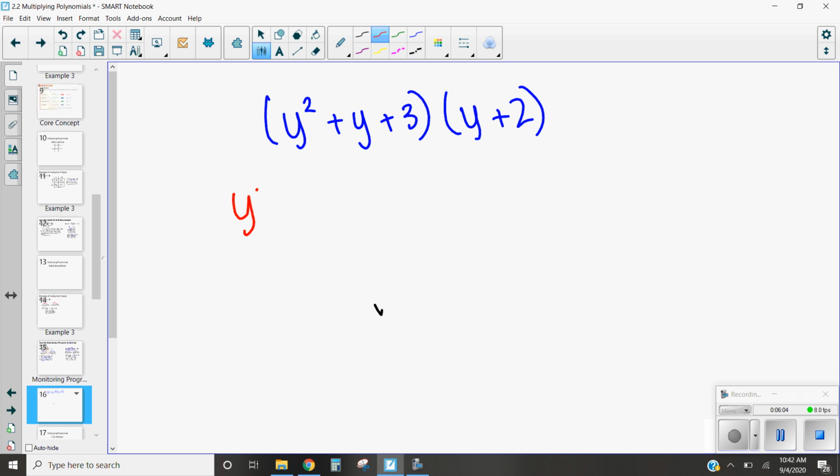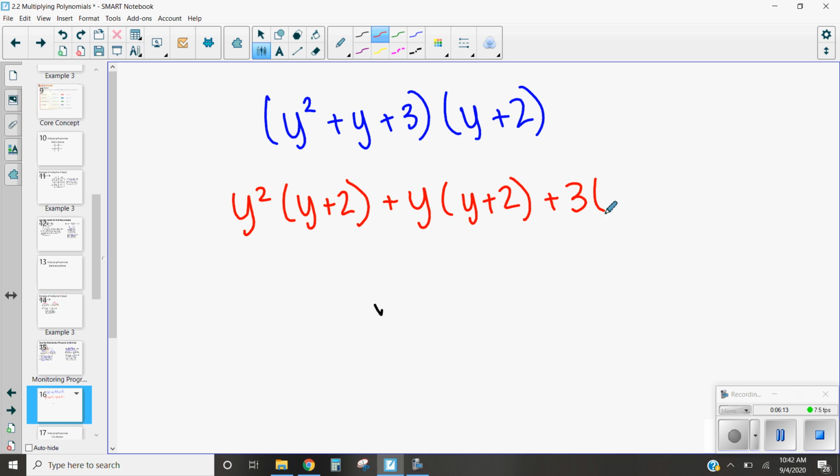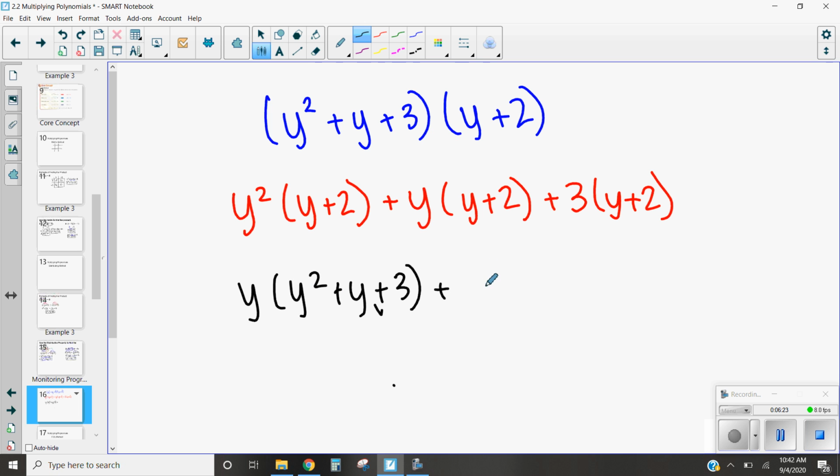So you could do y squared times y plus 2 plus y times y plus 2 plus 3 times y plus 2. So you can either write it this way, or you could do that y times your y squared plus y plus 3 plus 2 times that. So regardless of how many terms we have, we can distribute it out either way. So that's just some food for thought.